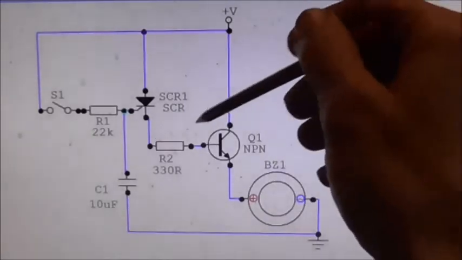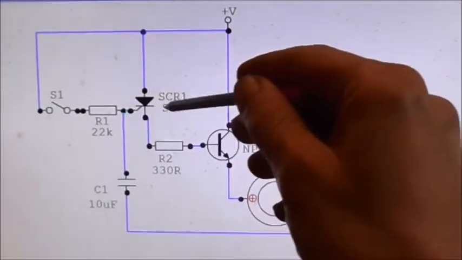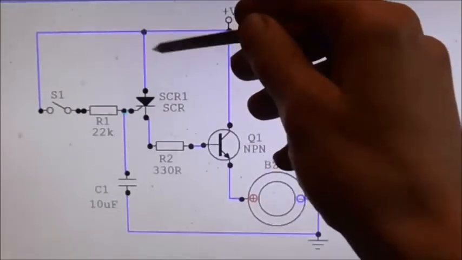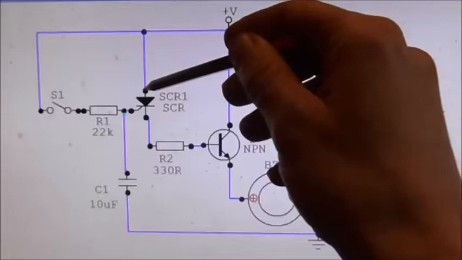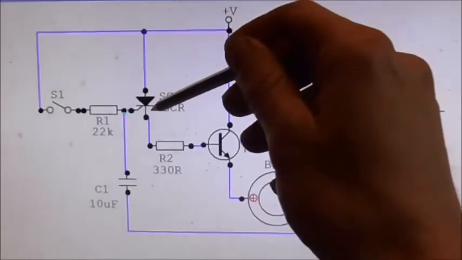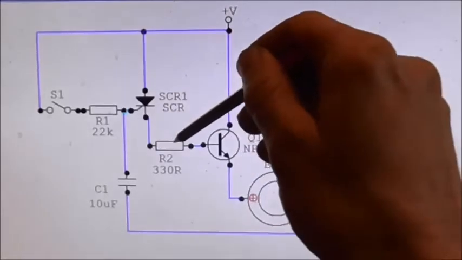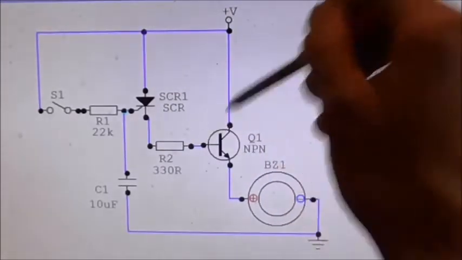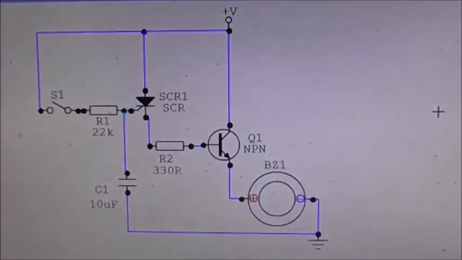What we have added in is the thyristor here. The anode is applied directly to the voltage rail, and the cathode goes into that 330 ohm resistor to drive the base of our NPN transistor.